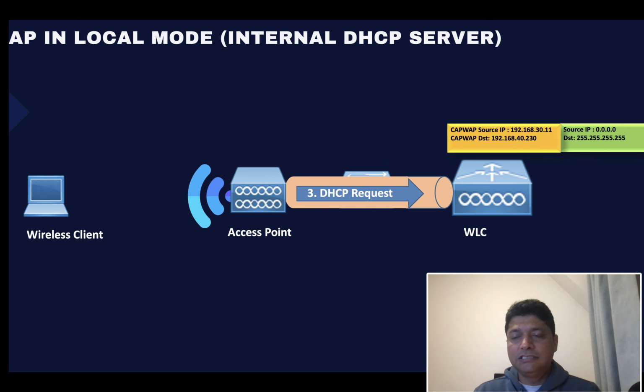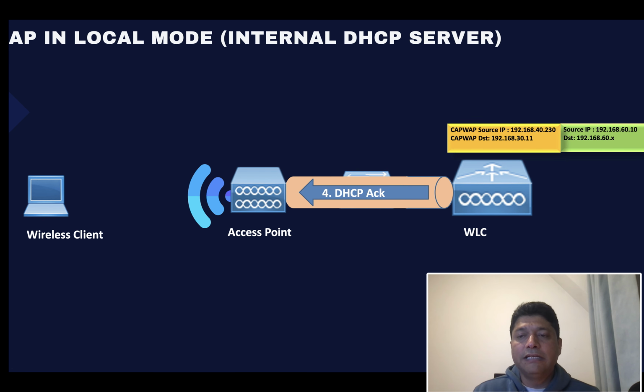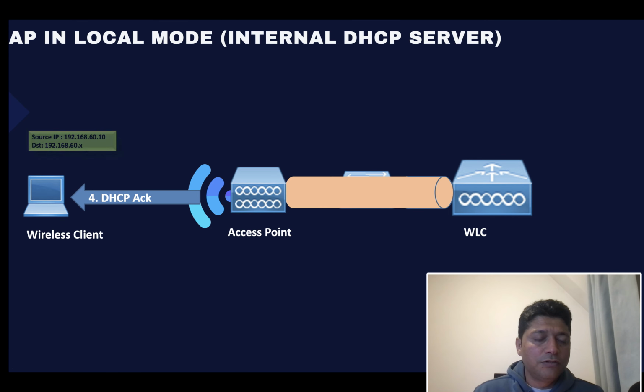The controller sees that it is a DHCP request, and the requested IP address is whatever IP address was originally offered from the controller. The controller would reassemble the packet and make it a DHCP acknowledgement with the source IP address as the SVI, let's say the gateway, and send it across with the destination IP address being whatever IP address was part of option 50. Now that packet would go across to the access point, and the access point sends it across to the client, and that's how the handshake happens.